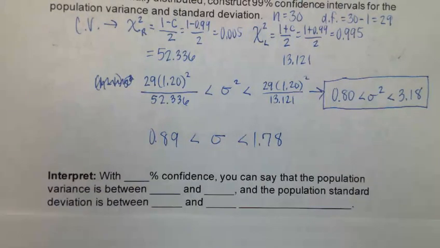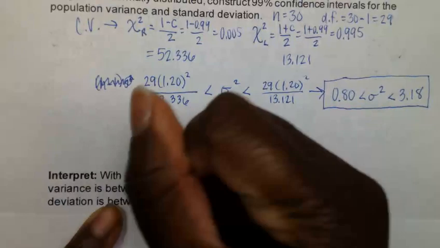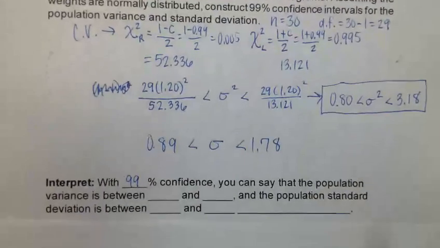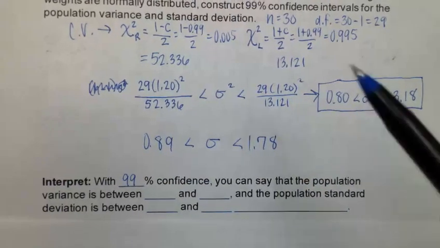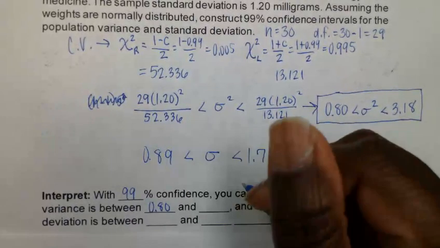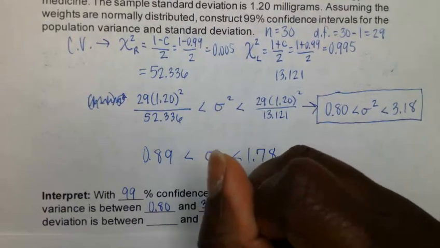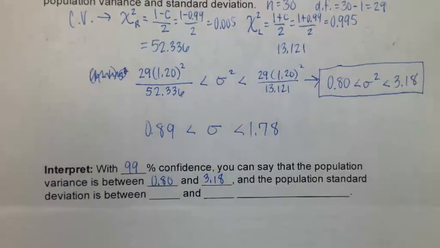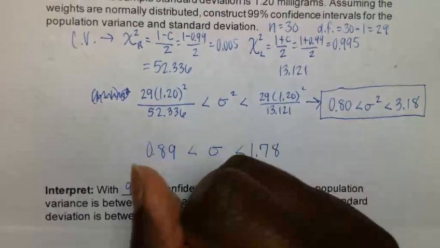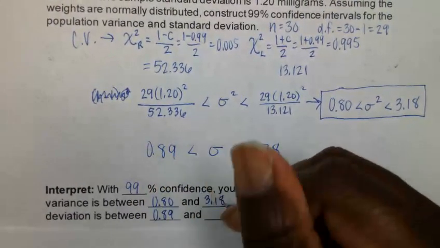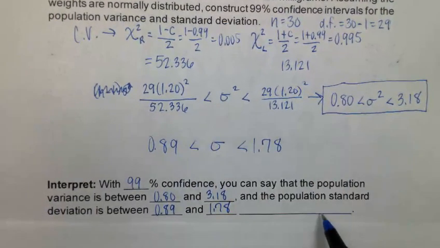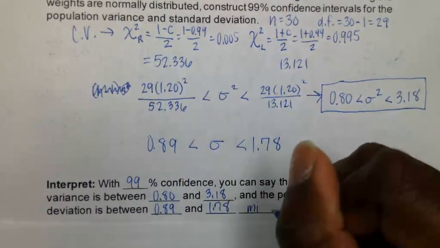With 99% confidence, you can say the population variance is between 0.80 and 3.18, and the population standard deviation is between 0.89 and 1.78, and then whatever your unit is. For this, it's going to be milligrams.